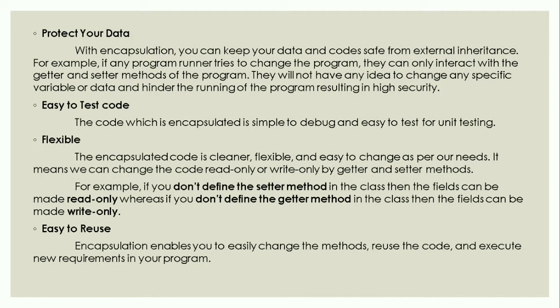And for example, if any programmer or runner tries to change the program, they can only interact with the getter and setter methods of the program. We set the variables as private, so the runner should not see the whole thing.